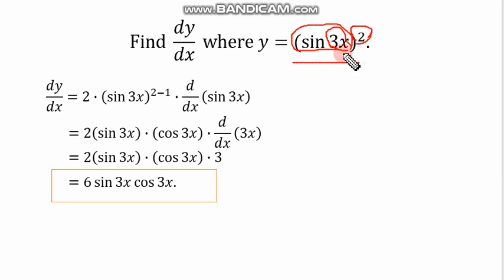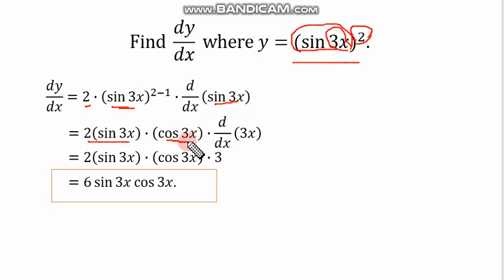Okay, so using the chain rule, that's the derivative of the outer function: 2 times sine 3x raised to 2 minus 1, that's 2 sine 3x, times the derivative of the inner function, sine 3x. The derivative of sine 3x is cosine 3x.